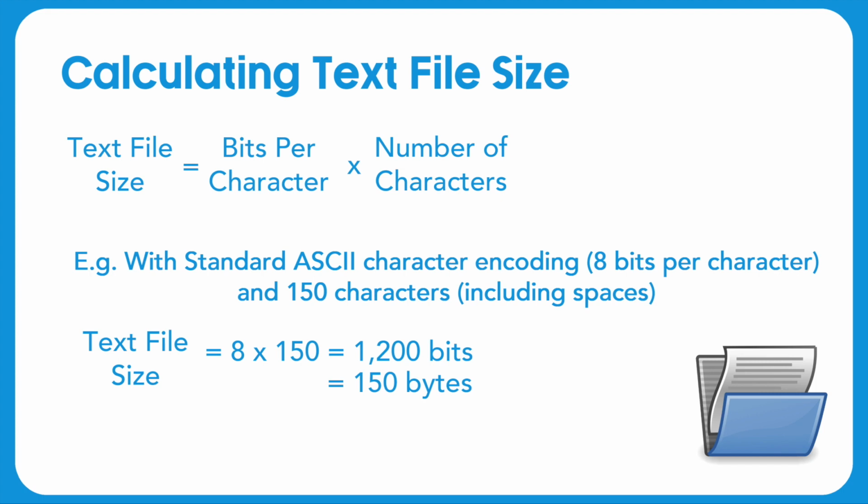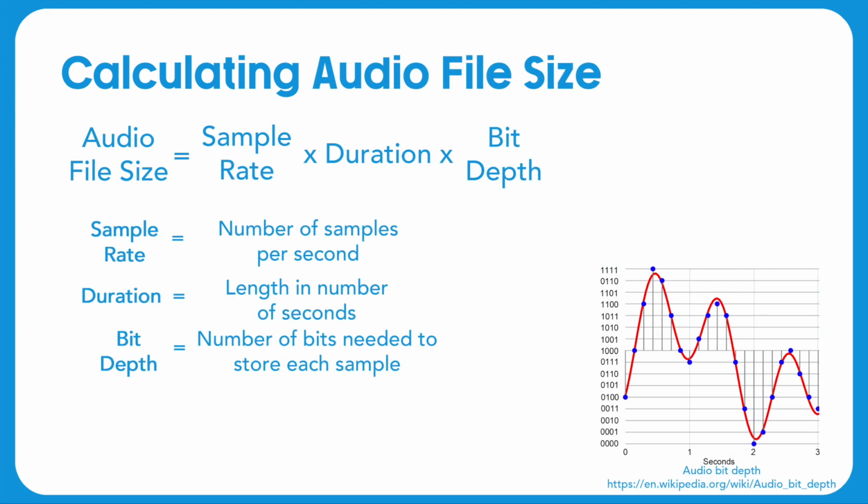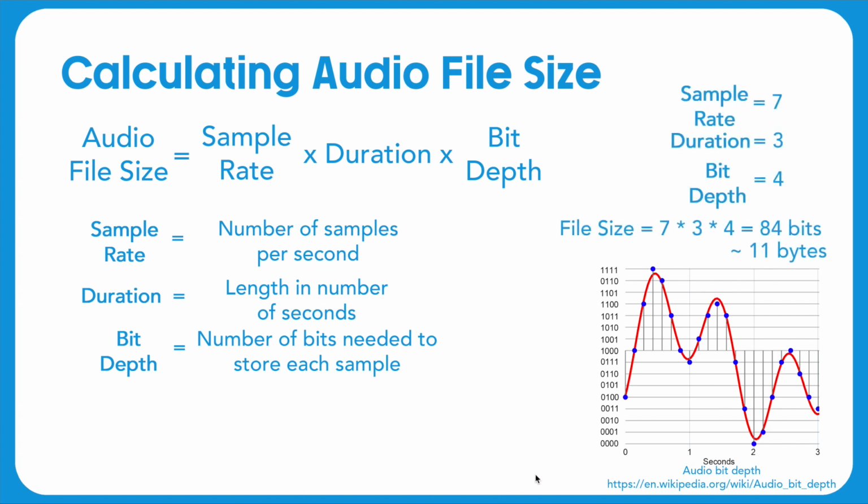To calculate the size of an audio file, you need to multiply the sample rate, which is the number of samples taken per second, by the duration of the audio clip in seconds, and then multiply that by the bit depth, which is the number of bits needed to store each sample. If we have a look at our example on the right here, we can count the number of samples, the number of blue dots in this case, that are taken in a second. In this case, that's 7.